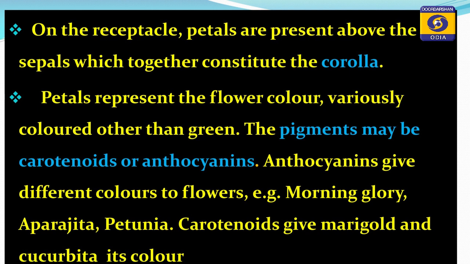So, the color of the petals is because of either carotenoids or anthocyanins of different colors, and we will see morning glory, Ophragita, Petunia, they have anthocyanin in them, and that pigment is a water-soluble pigment present in the vacuoles of the petals.